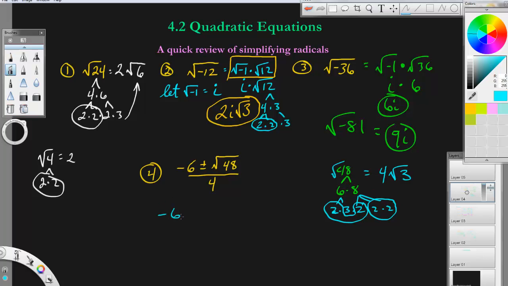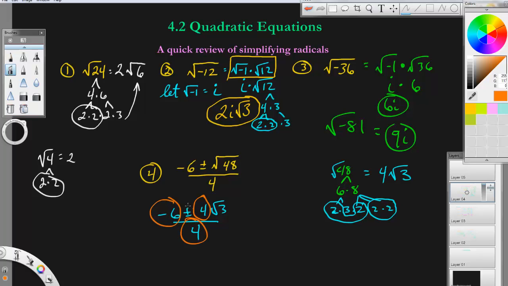So now back to the problem. I would replace this square root of 48 with 4 radical 3 over 4. Because what separates people who get A's on this section and people who don't is being able to simplify this. So you can start the hack and slash reducing process now, because this and that have to have a common factor.